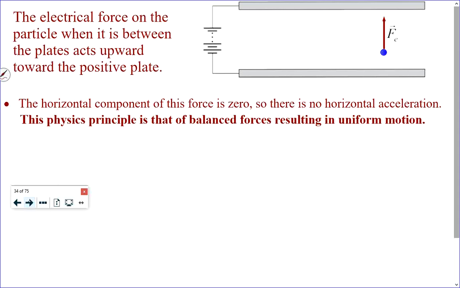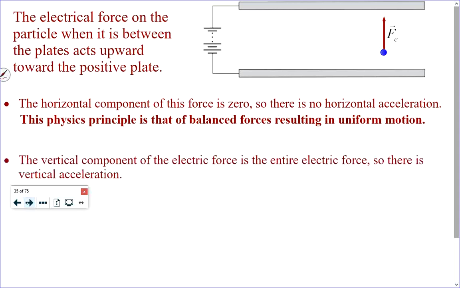All this stuff in blue that I've referred to a couple of times in this course, and we're going to refer to more and more, is what's going on horizontally. The net force on the particle horizontally is 0, so it can't accelerate horizontally. However, the vertical component of that electric force is, as we already said, the entire electric force.